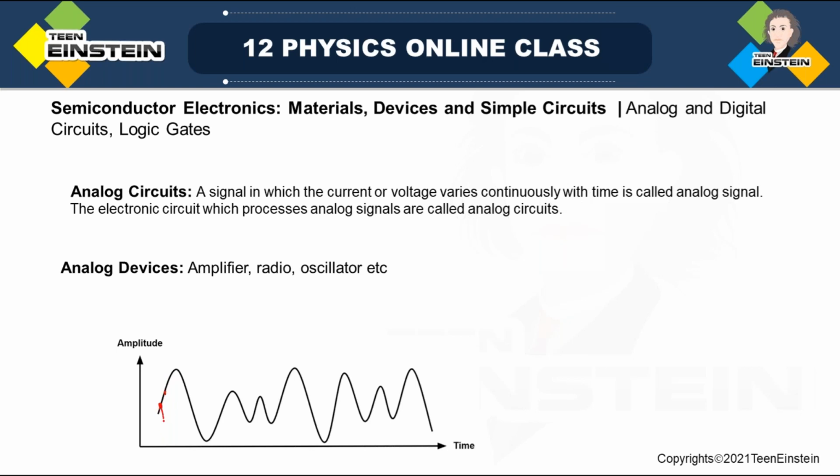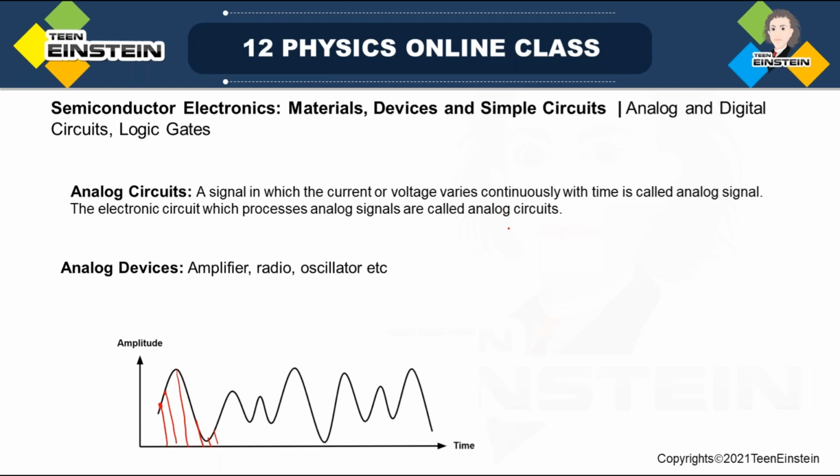You look, this is one value at this time, and this time. At each and every time there is a certain value of this signal, and it varies continuously. So this type of signal is called an analog signal.